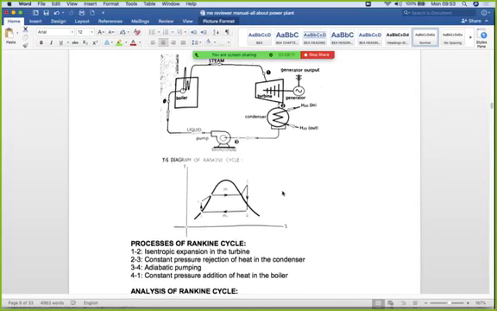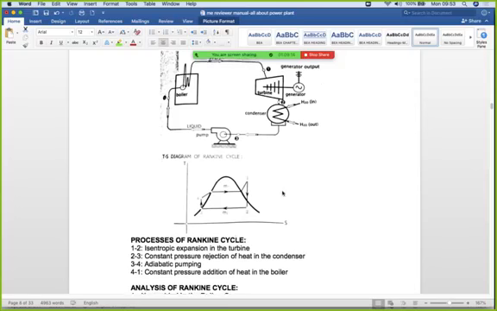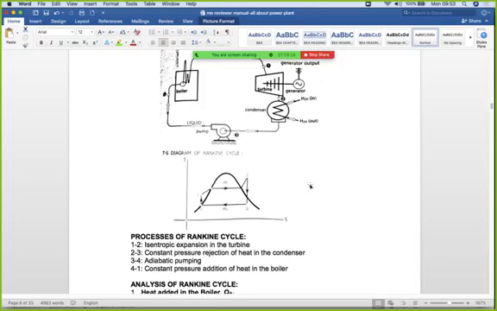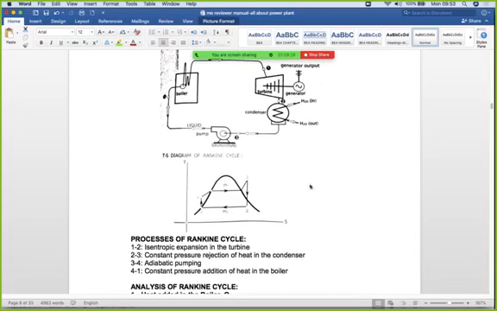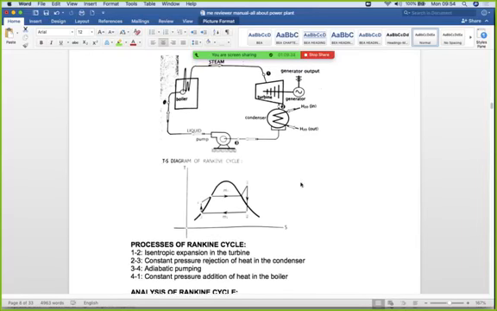That's the temperature and entropy diagram. We have here the constant temperature happening on this stage. Of course there's no constant temperature inside the boiler and the steam turbine, so it happens on the opposite side.